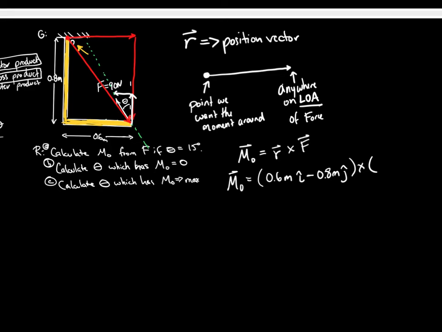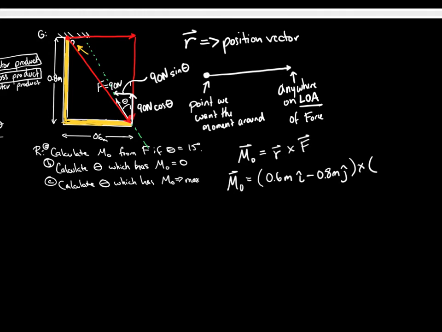So we're going to go ahead and see. I know it's 90 newtons, but this vertical side right here is going to be 90 newtons times the cosine of that angle. And the horizontal side, which I'm going to draw over here, is going to be 90 newtons times the sine of that angle.